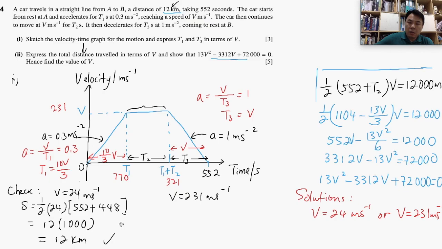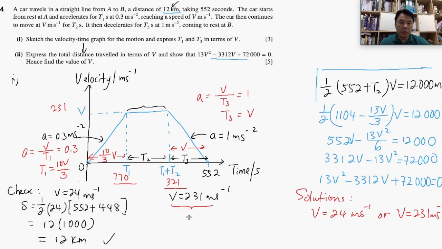Okay. Right now, you can see that here there is a contradiction to the time that we are working on. So because of this, this solution here cannot be accepted, even though quadratic wise it does satisfy the equations, but in terms of logic itself, this velocity does not fit in this context.